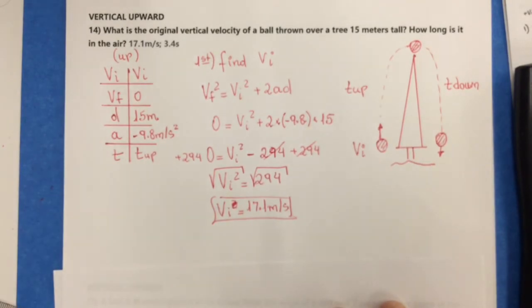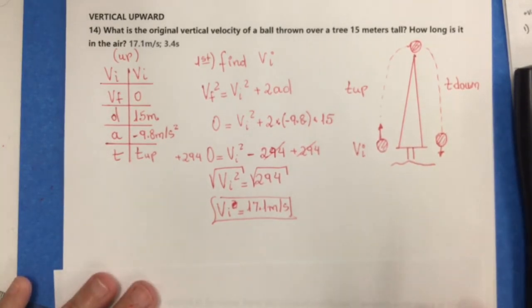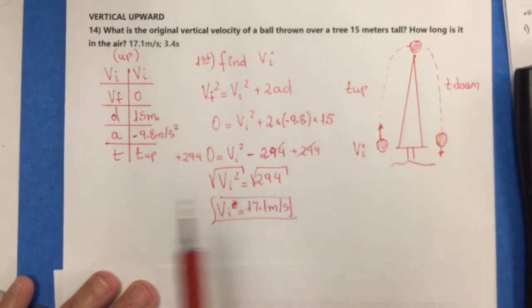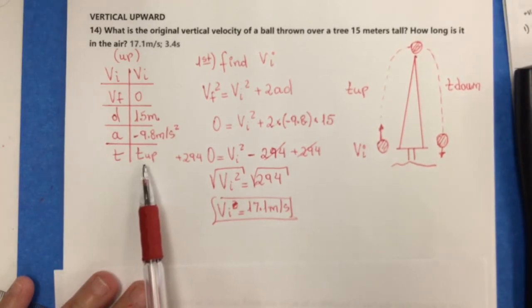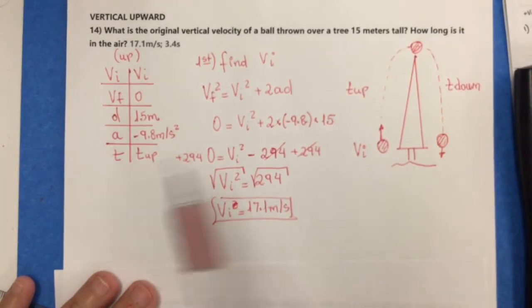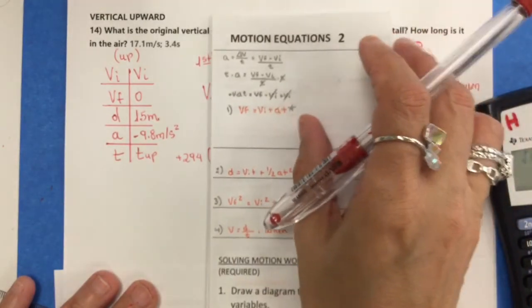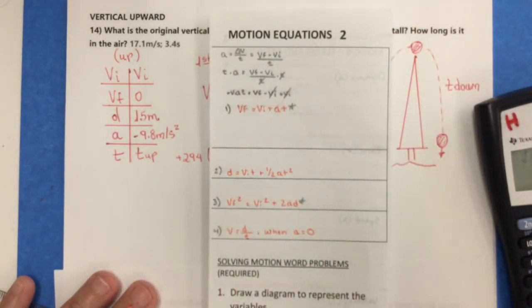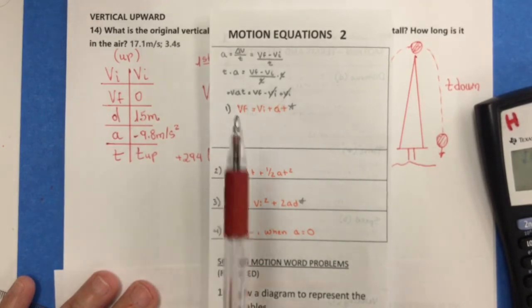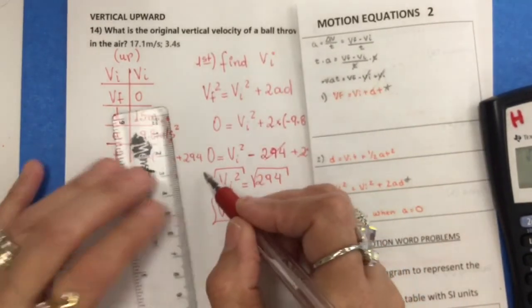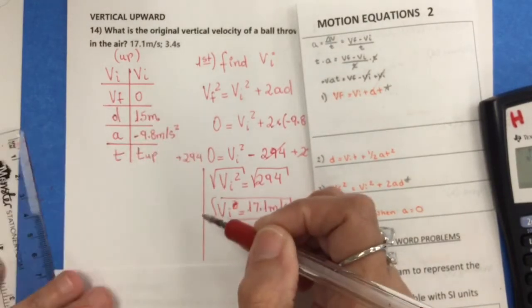Okay, so now our next step will be to find the time that it was in the air. For that reason, you need to find time up. Again, we have to look at which equation we can use that can give us the time up. Looks like the first one will be the perfect equation. So let me draw a line right here.